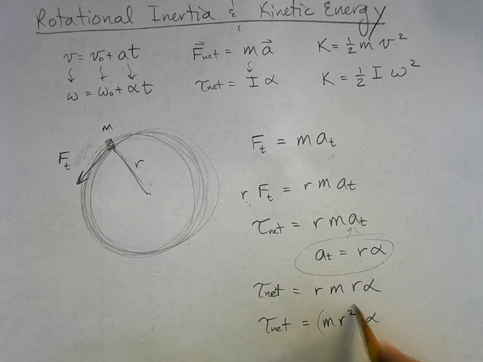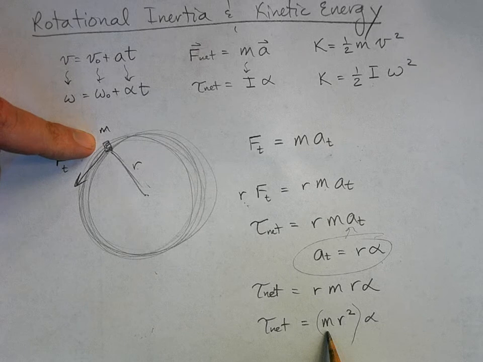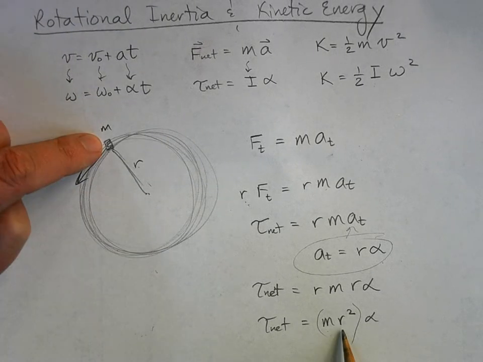Look at this, mR squared. This is how much mass I've got in my rubber stopper, and this is what the radius is, and it turns out to be squared.